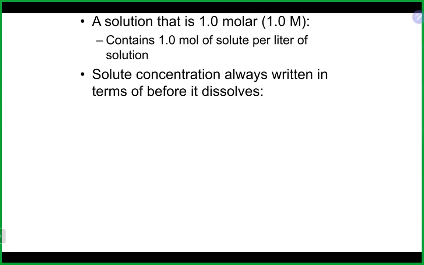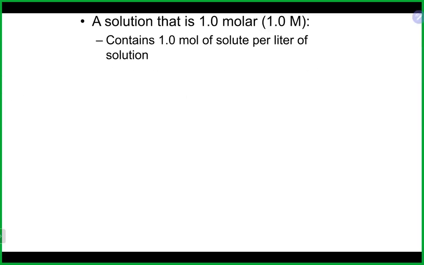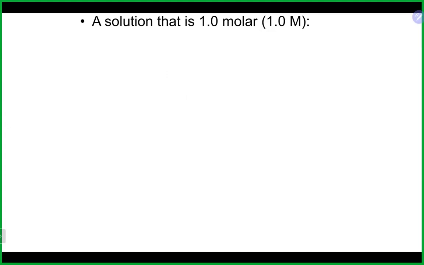So what does that mean? If we have, for example, a 1 molar solution of sodium chloride, that means basically we have 1 mole per liter of sodium chloride solution.